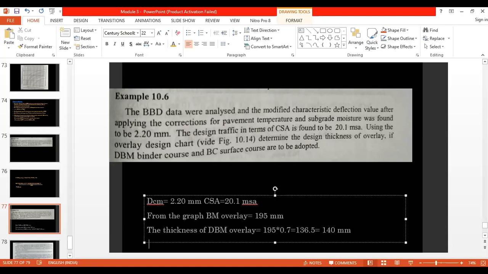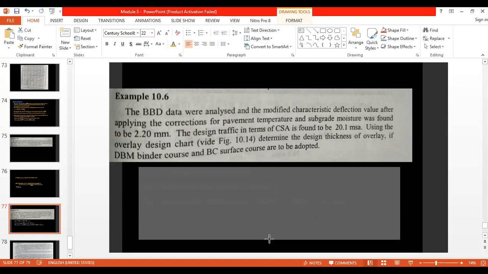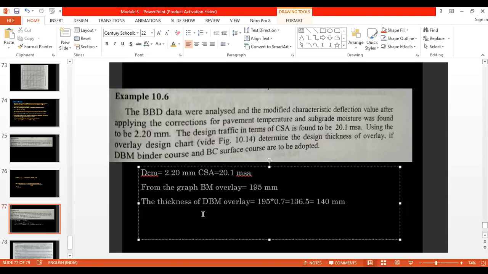In this 140 mm, provide 100 mm thickness for the DBM layer, and the remaining 40 mm thickness for the base course layer.